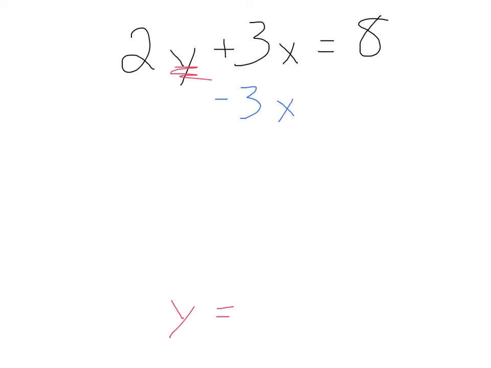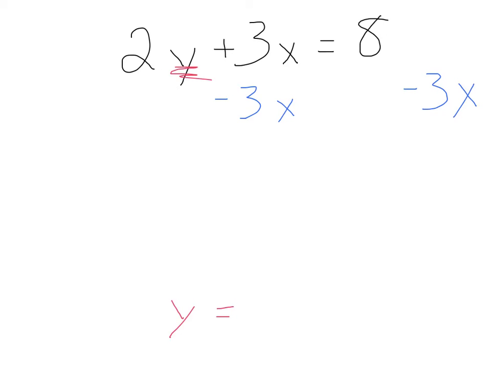It does not matter that there's an x attached to it. What does matter is when I subtract it from the other side, I am not going to subtract it from the 8 per se. I'm not going to subtract it from the 8 and make it something like 5 or 5x or anything like that, because 8 and 3x are not like terms.